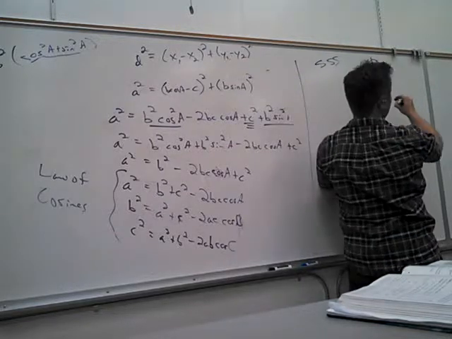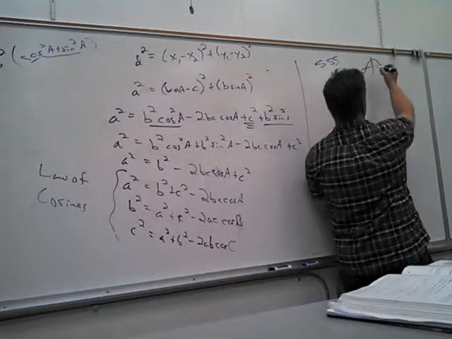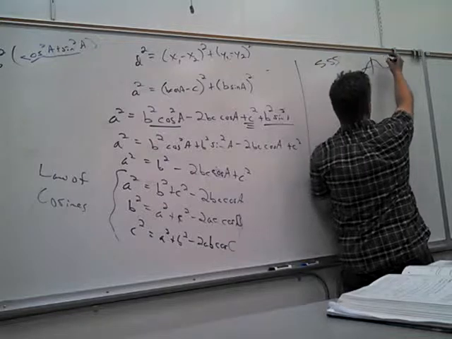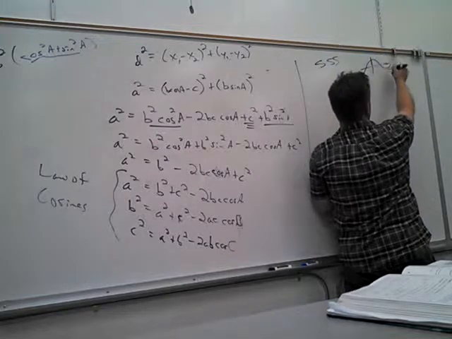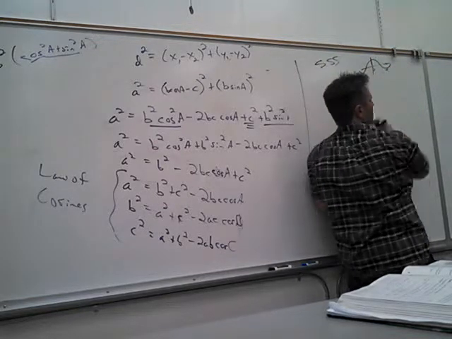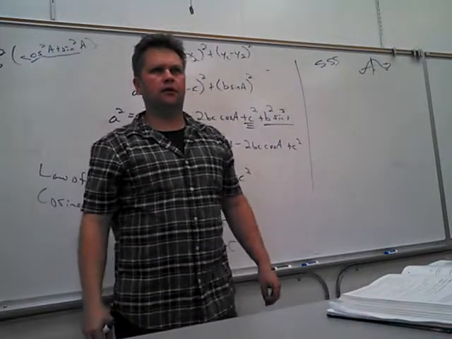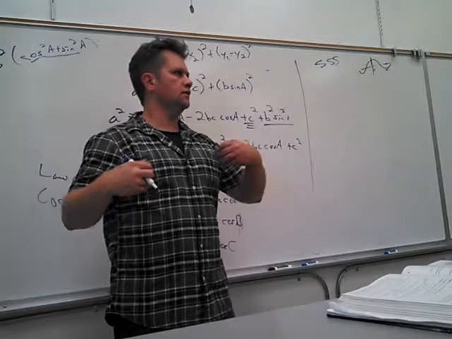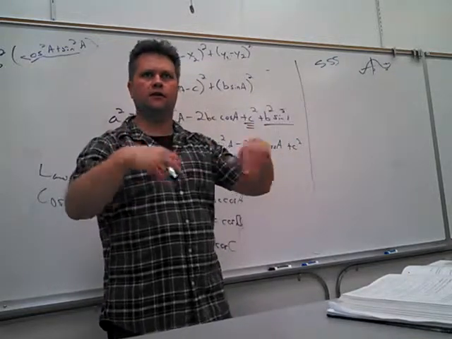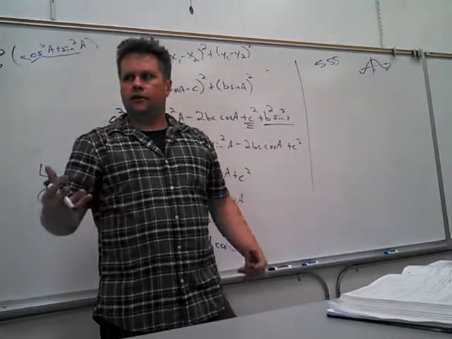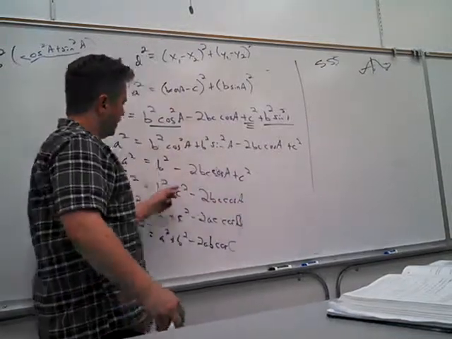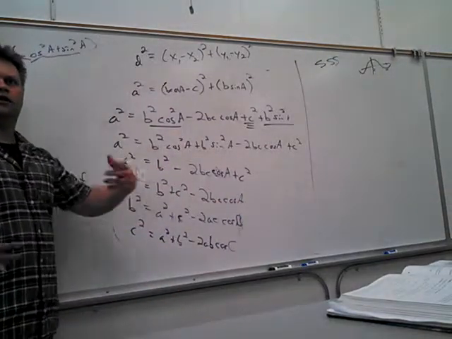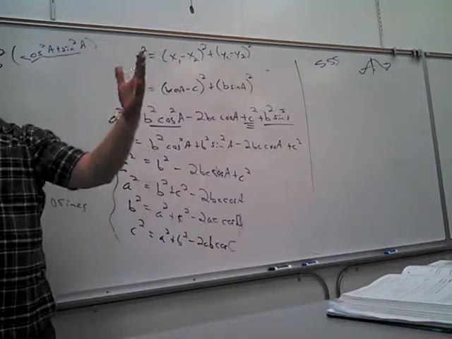When we restricted its domain, we restricted from here to there, so we went from 0 to pi. That's exactly the angles that are going to show up in a triangle, right? From 0 to 180 degrees. The law of cosines leads to no ambiguous cases. It gives you all the angles you need. That kind of kicks ass. So it's a slightly more disgusting formula, but the trade-off is you're not going to have disgusting outcomes.